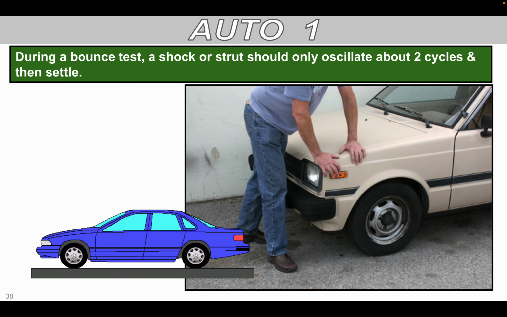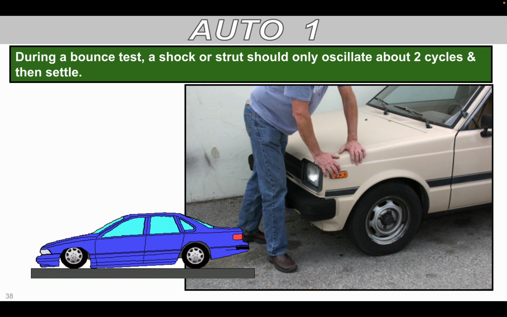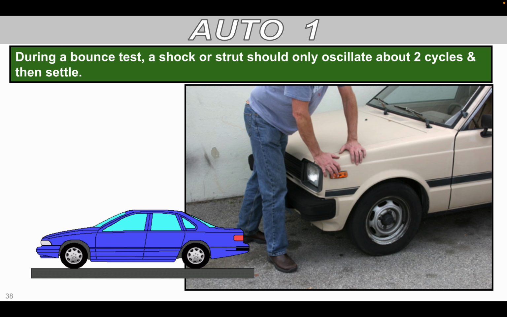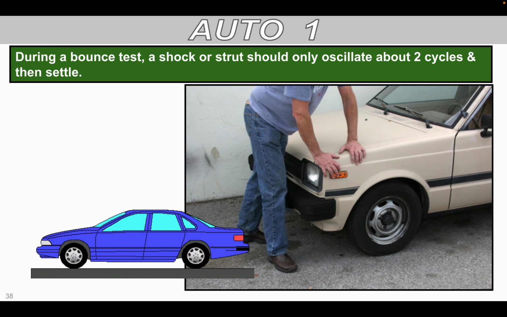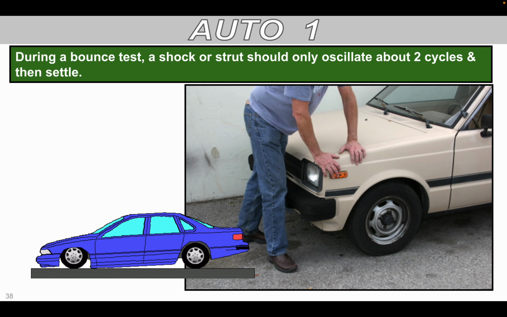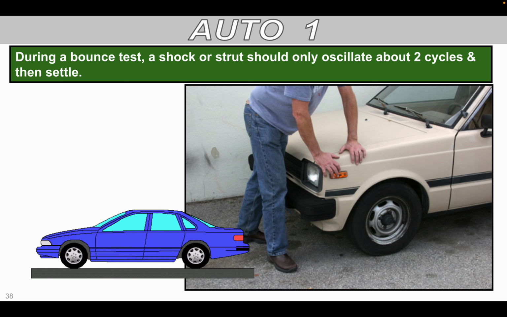You need to know the name of the test, and you need to know how to perform the test, and you need to know what to look for in the test. A shock or strut should only oscillate about 2 cycles, and then it should settle down. This bounce test is not testing your spring.